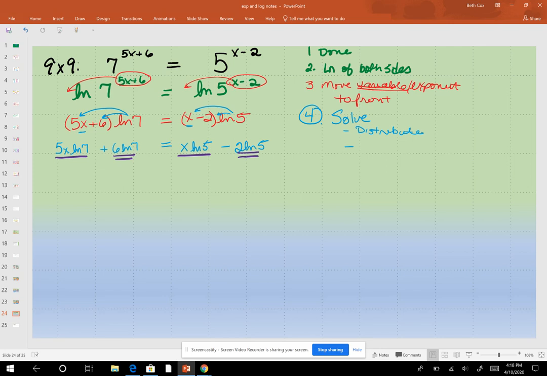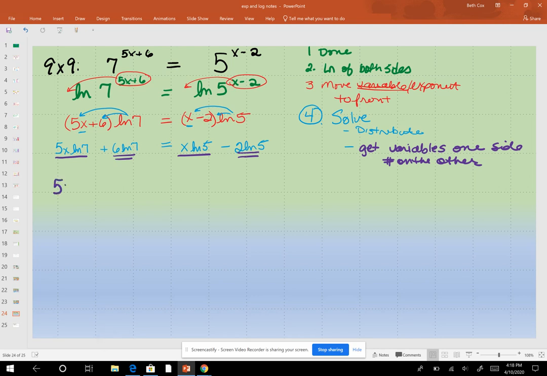So I'm going to get variables on one side and numbers on the other. So now I'm going to do this. I'm not going to write it all down, I'm just going to do it. So hopefully you're advanced enough in math that you'll pick up on what I'm doing here.